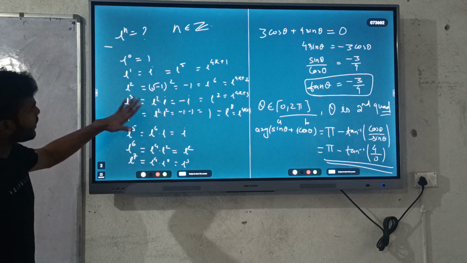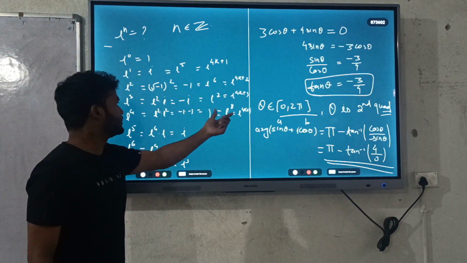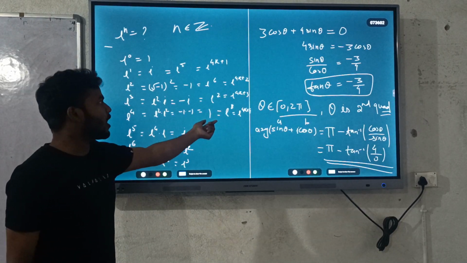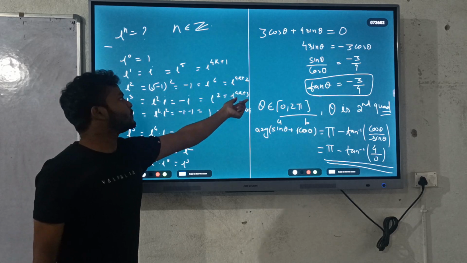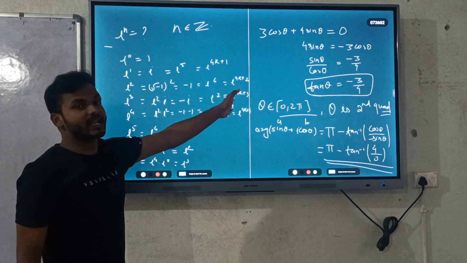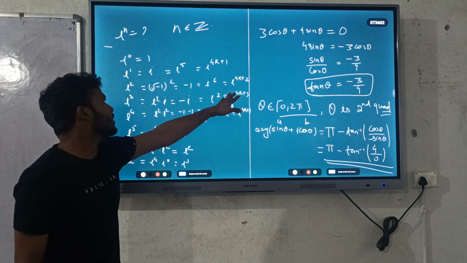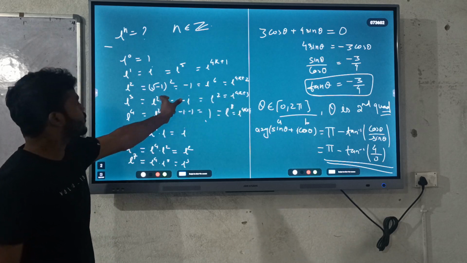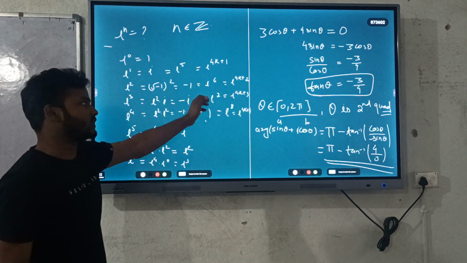If the power is a multiple of 4, then it gives the value 1. If it is a multiple of 4 plus 3, that means n minus 3 is divisible by 4, then it gives the value -i. Similarly, we can generalize all other cases.